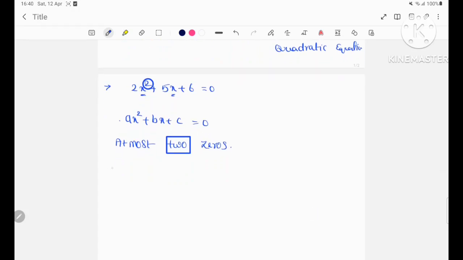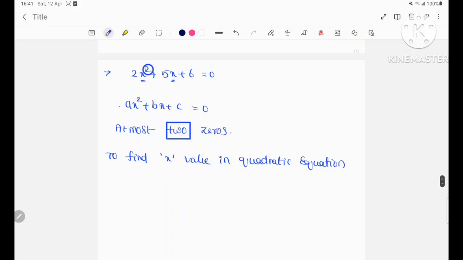To find the x value in a quadratic equation, there are 3 methods.